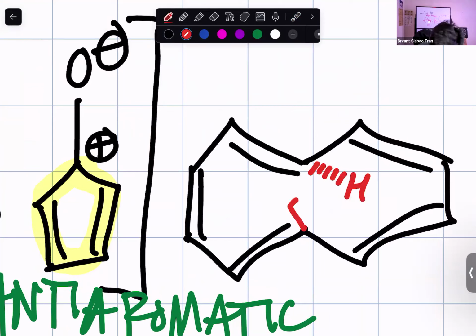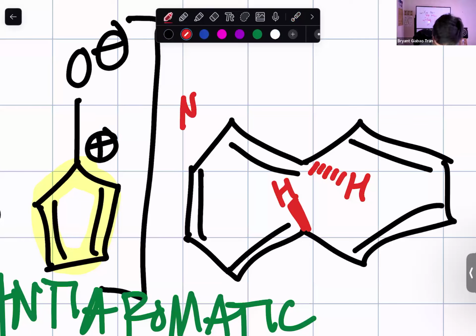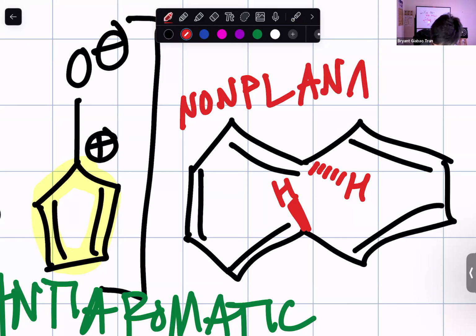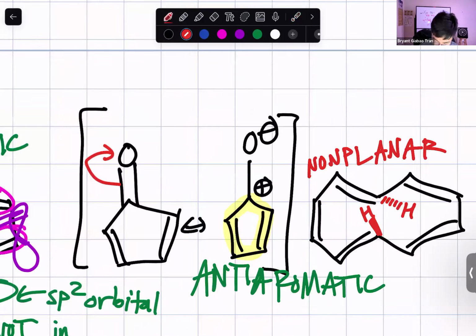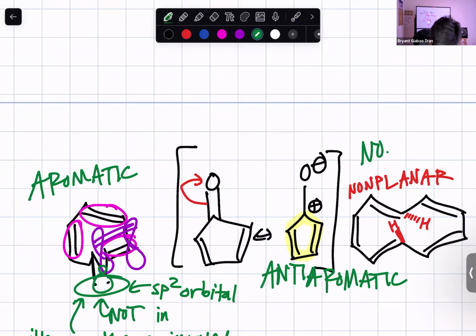The other hydrogen is going to be wedge, because they're so close to each other. So they're gonna pucker. They're not gonna be planar anymore. So this is non-planar. And if it doesn't fulfill one of the three conditions, it's gonna be non-aromatic. Non-aromatic.